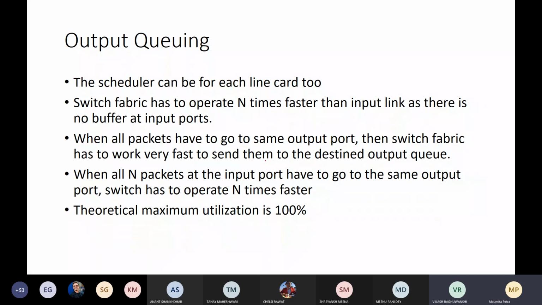Okay, so this is the case. Then what's the next one? That when all n packets at the input port has, okay, this we have already done. Then with this, if we have a faster switch fabric and we have buffers at the output port, then theoretically it is supposed to give you the maximum switch or link utilization, that is about 100%.